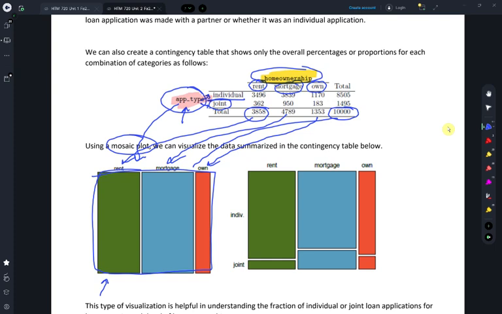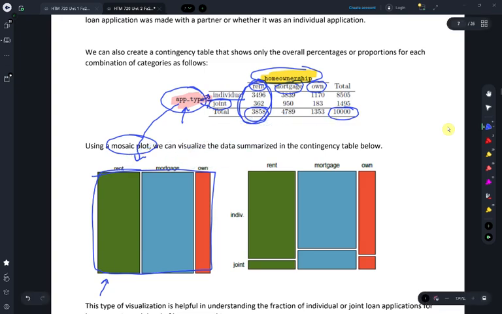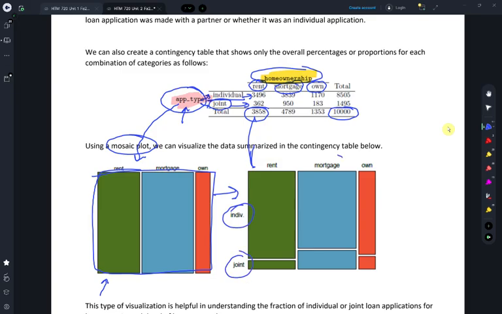With that said, we would like to now break down rent even further into the two subgroups of rent, namely those who have the individual application type and those who have what? The joint application type. That we are doing here. So individual versus joint. And the same goes for mortgage and own.